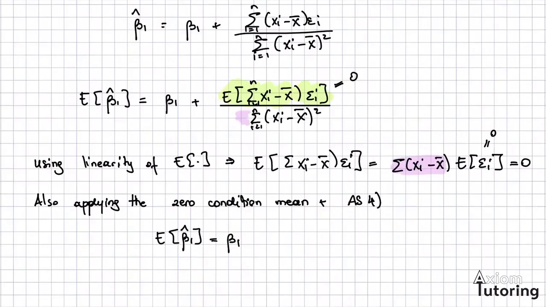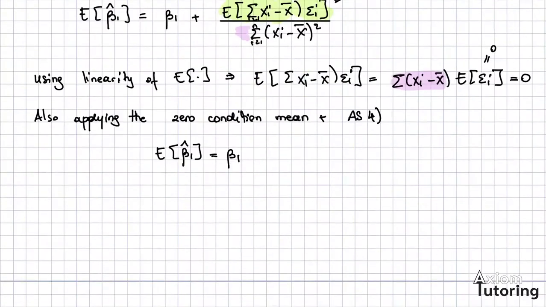The same exact calculation principle can be applied to the intercept as well. For the intercept, it might be a little bit clearer to see, because we can simply use the formula for the intercept, where we know that beta null is equal to y bar minus beta 1 hat x bar.